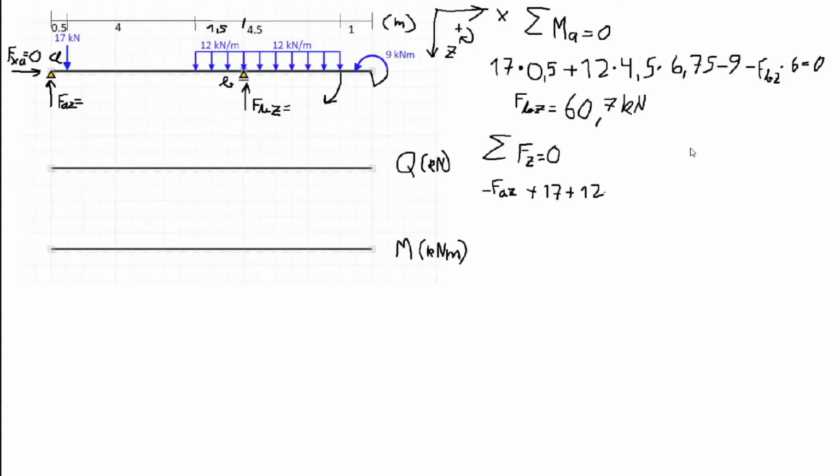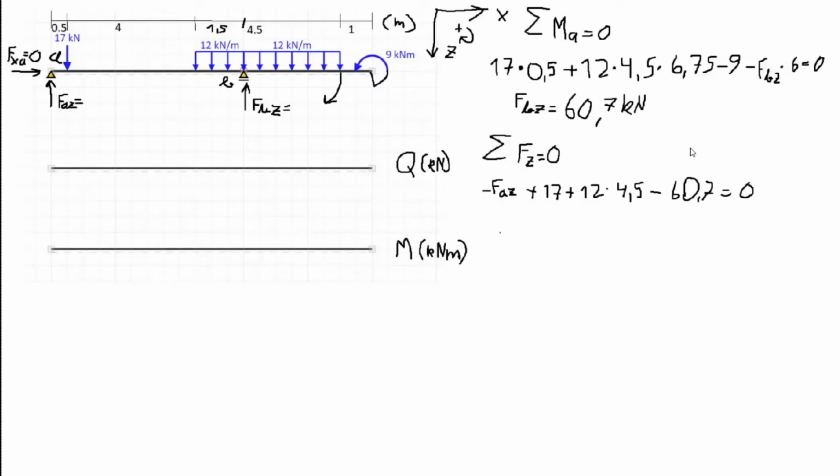Thirdly we have the distributed load times how much we have this distributed load, which is 4.5 meters. And finally the reaction force that we just calculated, the 60.7 kilonewton reaction force, and that all has to add up to 0.